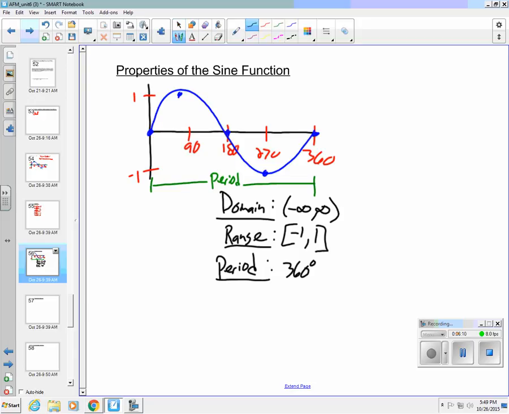The last property is called amplitude. Amplitude basically tells you how steep the sine or cosine wave is, or how much it goes up from the middle or down from the middle. The amplitude for the parent function is 1.